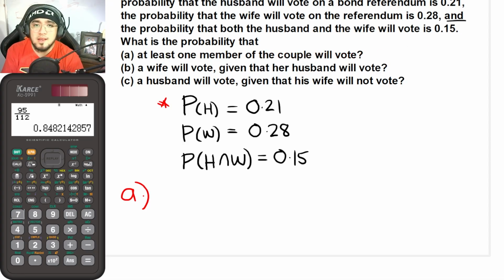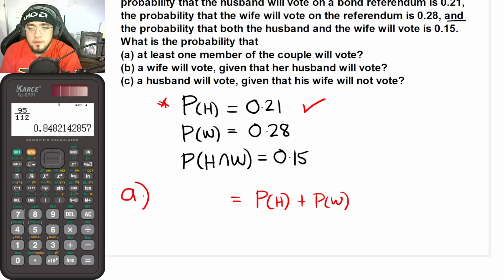So meaning, guys, that this is included for letter A, because of course the husband is one member of the pair, as well as the wife. So if you are thinking that this is basically equal to P of H, the probability of H plus the probability of the wife, then you are correct.